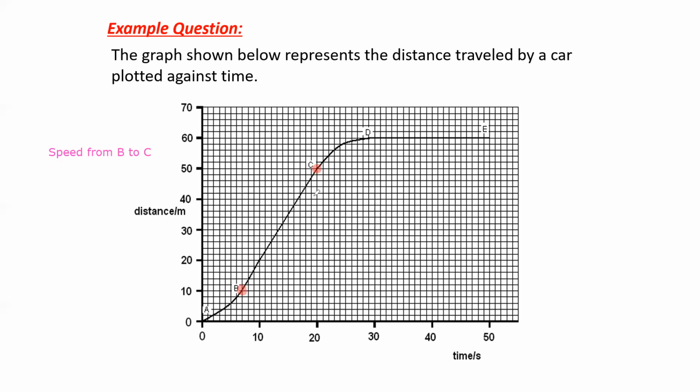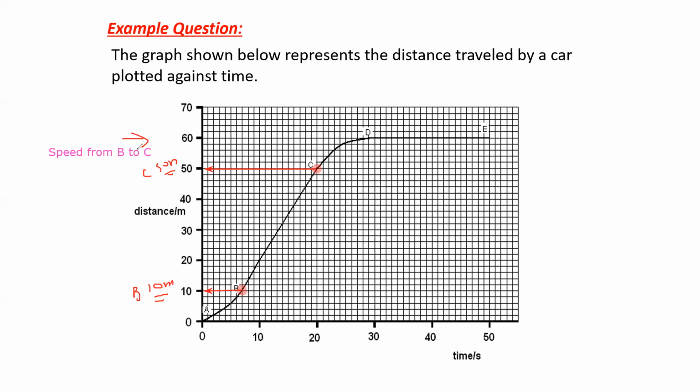So we first have to calculate the distance traveled from B to C. At point B, it is at the 10-meter mark, and at point C, it is at the 50-meter mark. So what is the distance traveled from B to C?